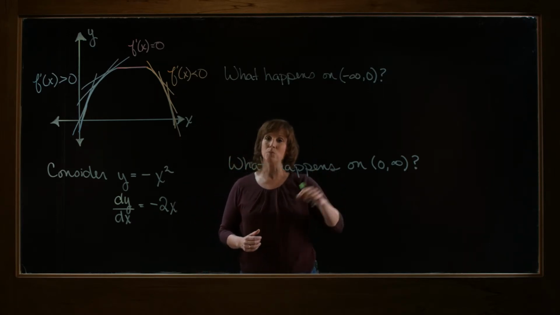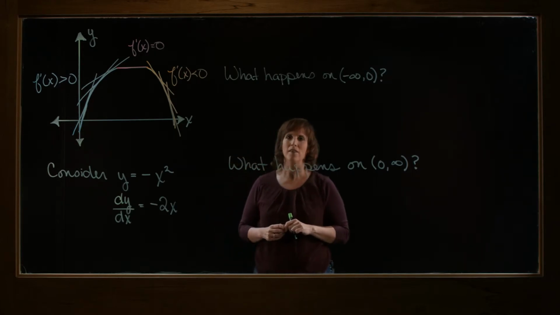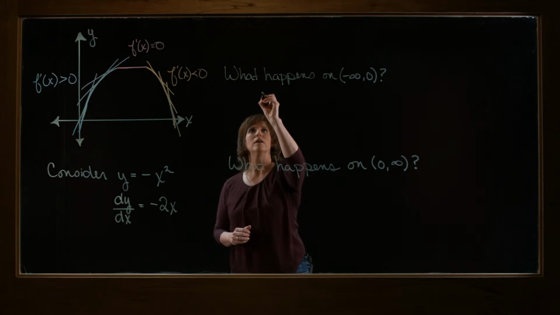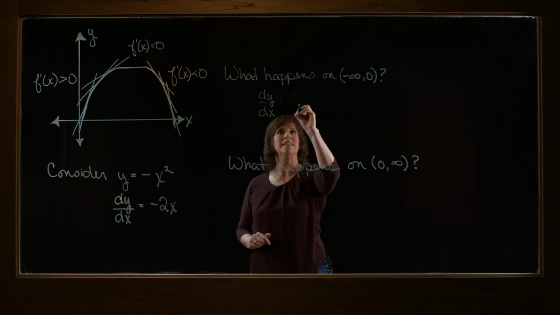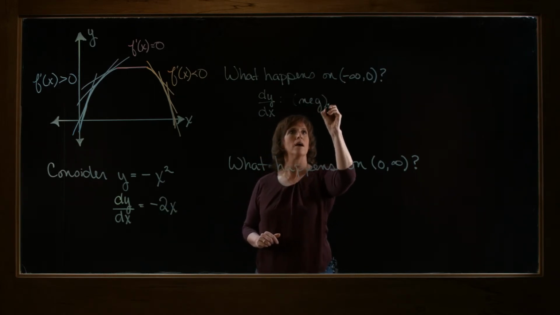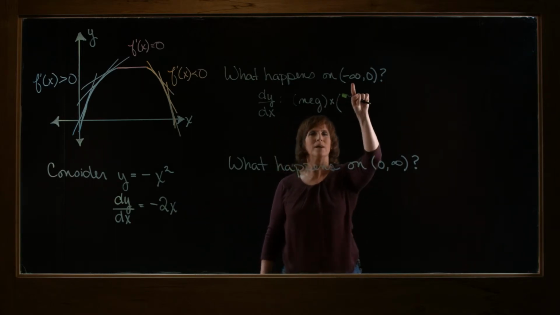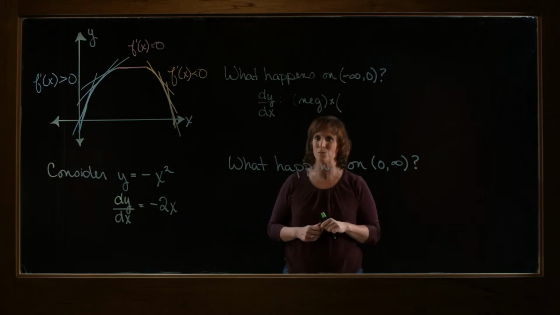Now let's look at our two particular situations. In the first case, I want to know what happens on the interval from negative infinity to 0. So my derivative is going to be a negative 2, which is a negative number, multiplied by x. Now what is x? Well, it's some number from negative infinity to 0, which means it's what kind of number?